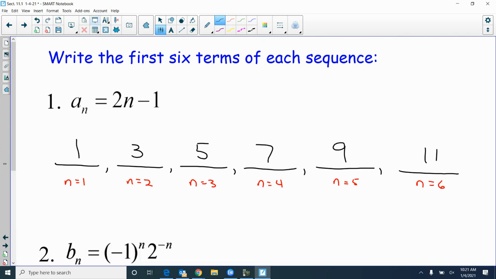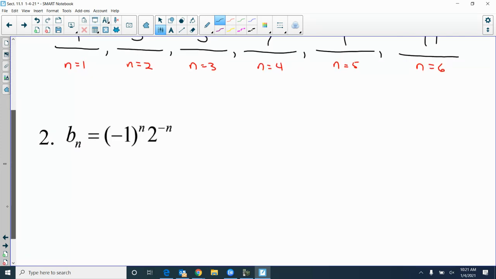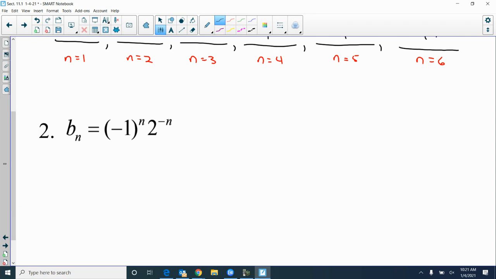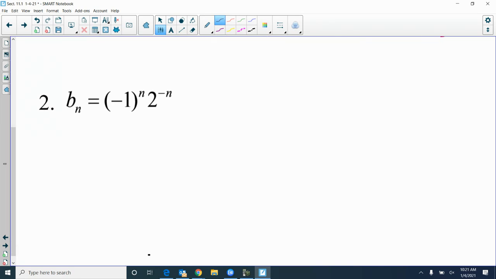All right, that second one there. Not exactly the same format, but we follow the same rules. Plug in n equals 1, plug in n equals 2, all the way up to 6. I want the first 6 terms: 1, 2, 3, 4, 5, 6.